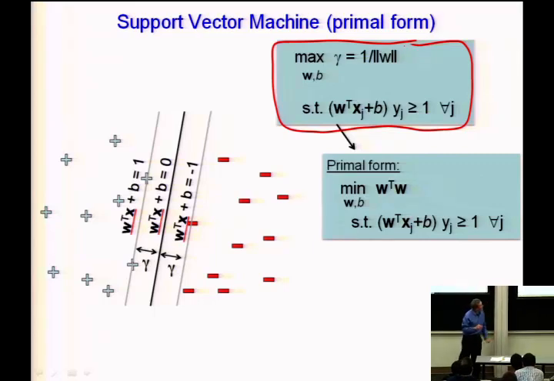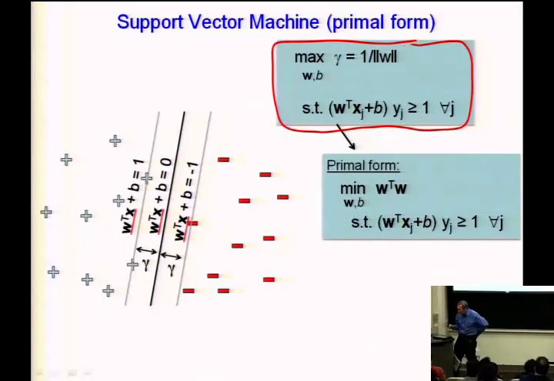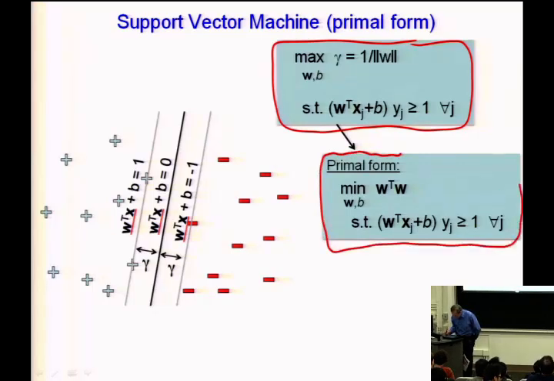Okay, so there's our objective function. And typically, we write it actually this way, where we just take advantage of the fact that if we want to maximize 1 over the magnitude of w, that's equivalent to just minimizing the square of w.